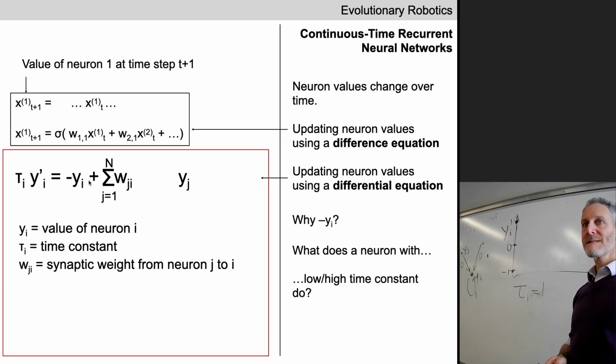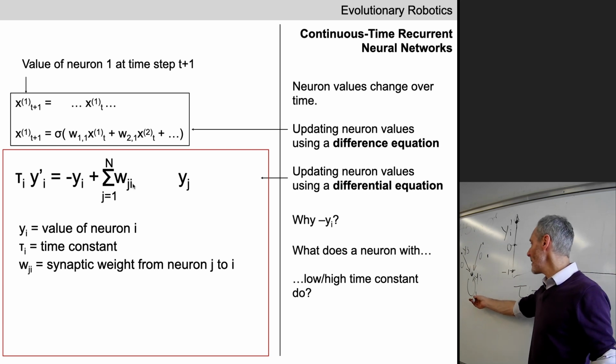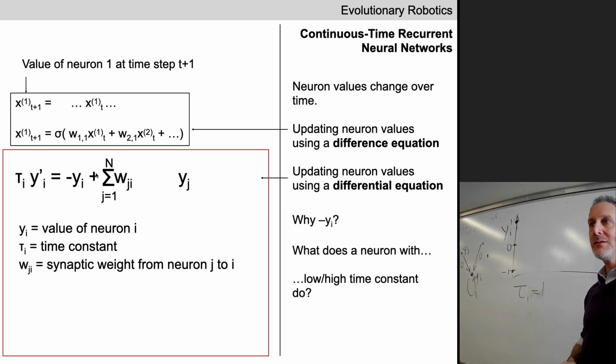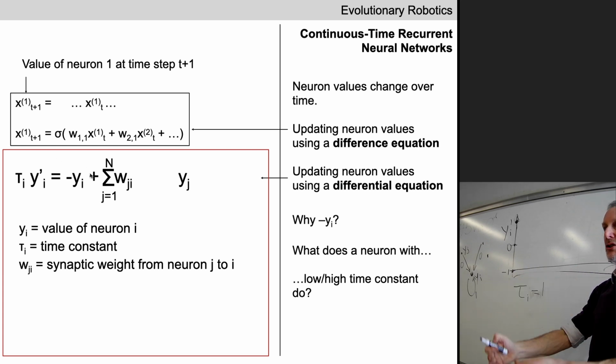Wouldn't it be -1? The weight is 1. 1 times -1 gives us -1. What happens? Same thing. Nothing happens. These two terms on the right-hand side cancel each other out. It's a self-stimulating neuron. Whatever value it's at, it stays there.